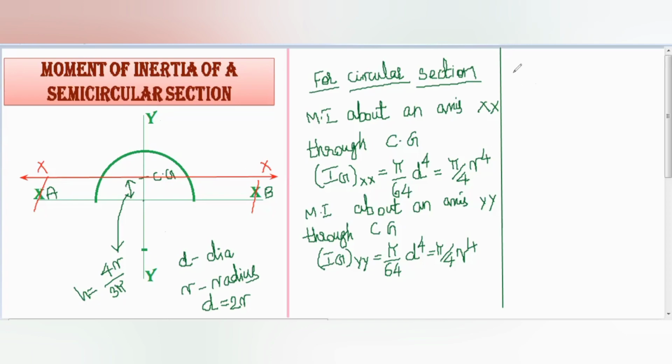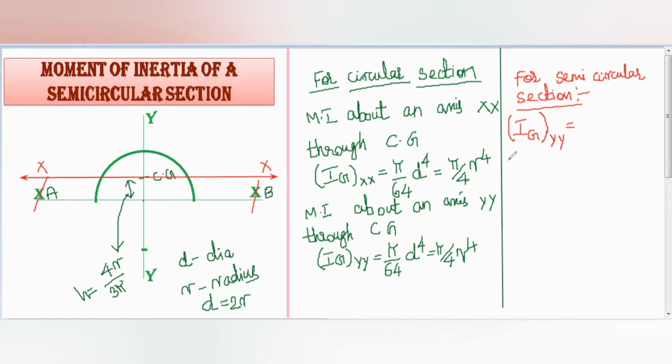So for a semicircular section, IYY or IGYY, okay, moment of inertia with respect to the YY axis, which passes through the center of gravity.